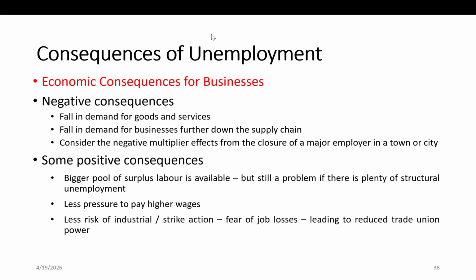Then a lot of people who had jobs at that particular place will lose their jobs, and those people will become unemployed, right? And those people won't create demand for goods and services. And if the demand for goods and services is reduced, that will have an impact on other businesses as well, right? So those things will be there as negative consequences.